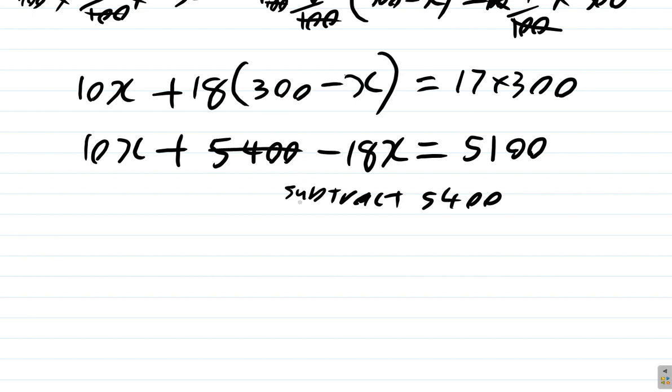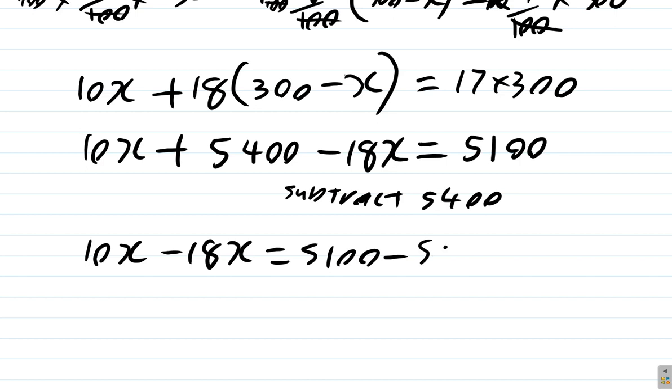So 10x minus 18x equals 5,100 minus 5,400. 10x minus 18x, that's going to be negative 8x equals 5,100 minus 5,400, that's negative 300. It's less stressful. It eases the pressure on the brain to work with whole numbers rather than decimals and fractions.